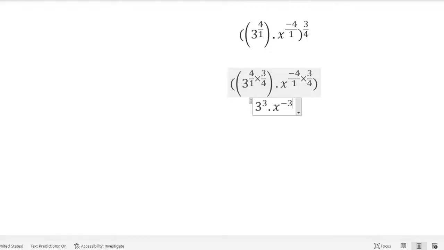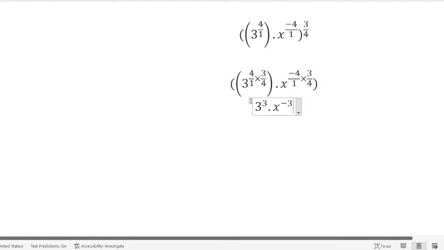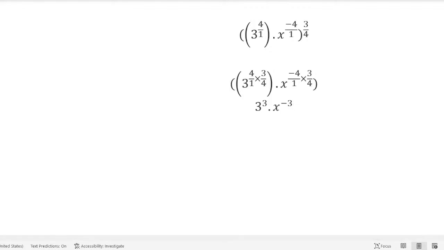Power negative 3, right? Then remember, in maths you cannot leave an answer with a negative exponent. It should be a positive exponent.